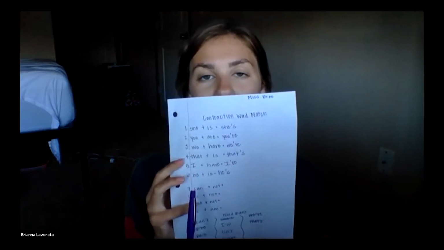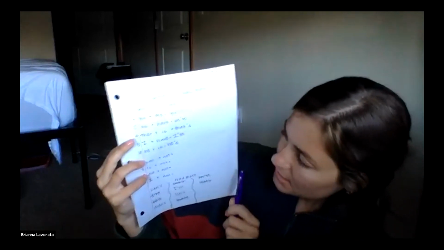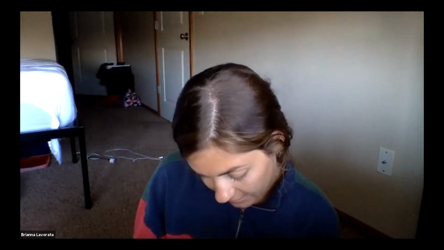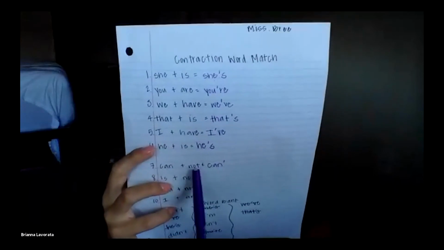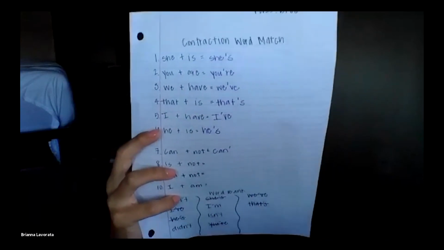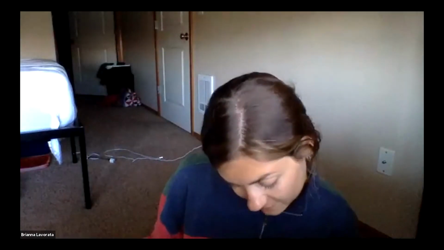All right, number 7, you're almost done, keep going. So we have can plus not. First step, always write that word out. Second step, write that apostrophe. Can plus not, can apostrophe. Find that word on your word bank and let's see if we find the same word.